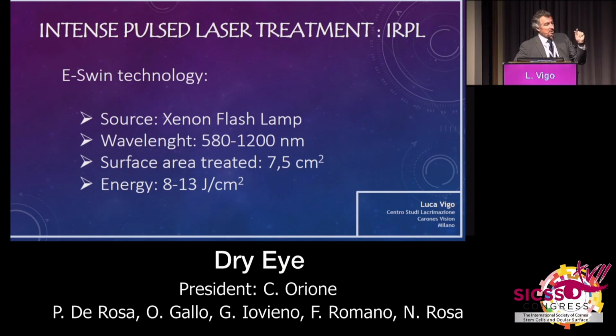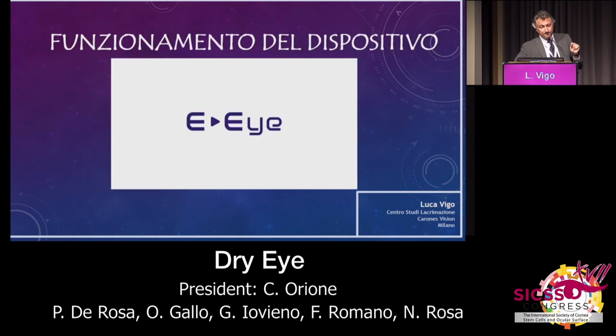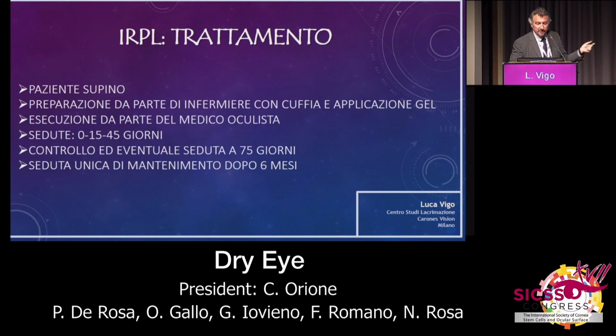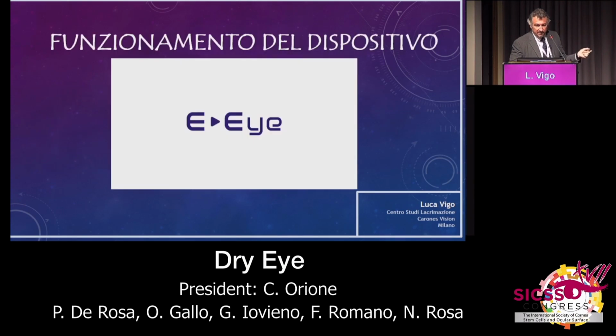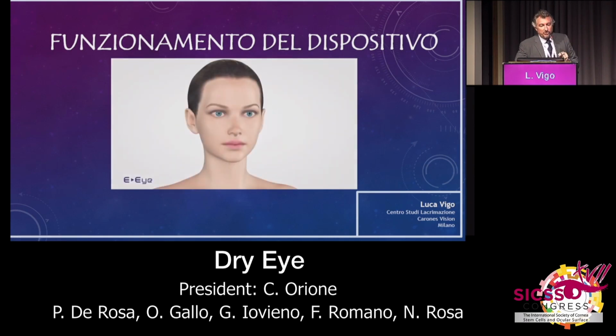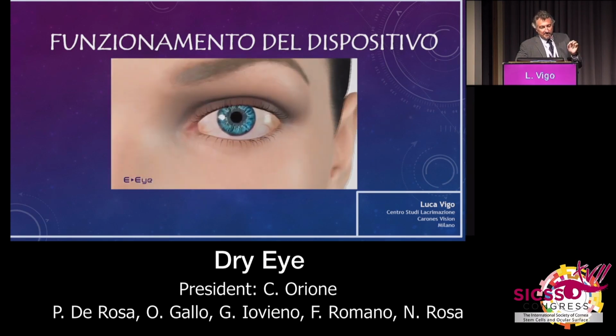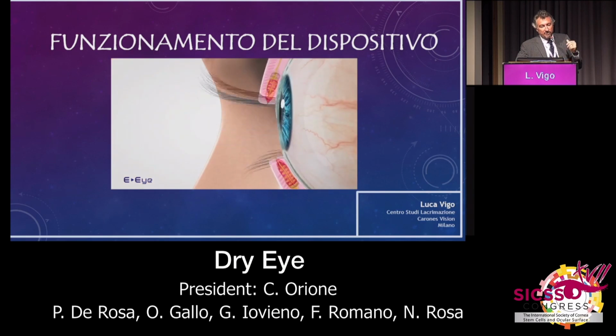This is the wavelength and also the energy and frequency you may see on the slide, determining the energy delivered by the machine. And if you allow me one more minute, I'm going to show you the functioning principle of this equipment. So, of course, this is a puppet.